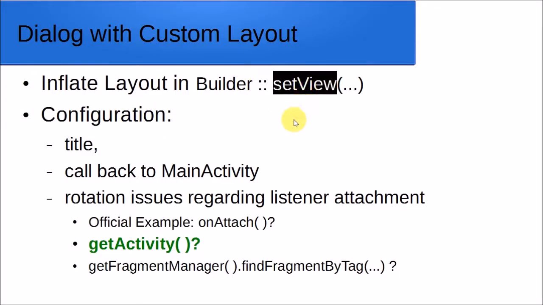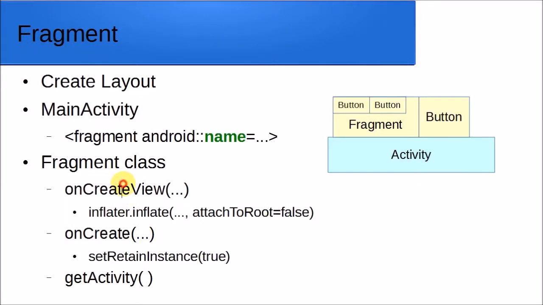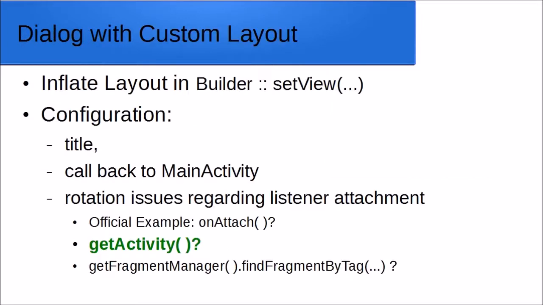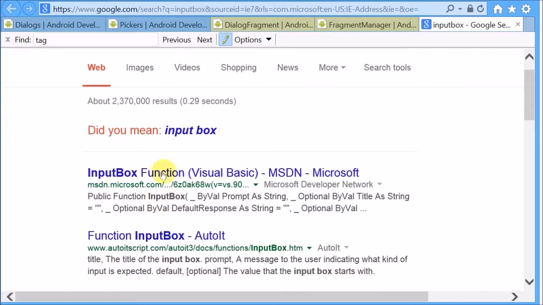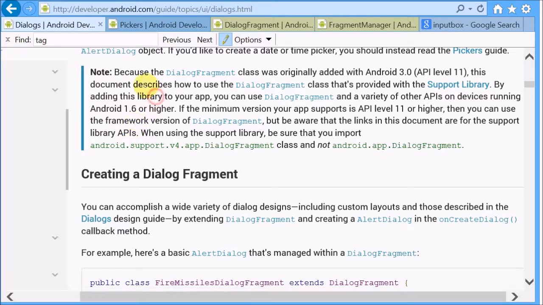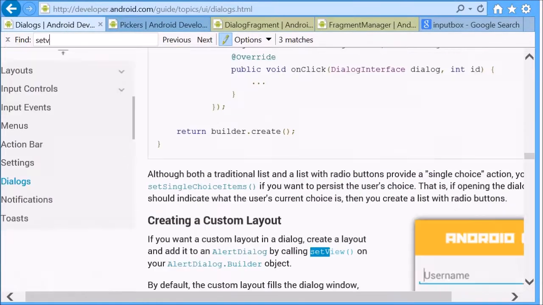Inflate the layout in set view. Now I've seen people use the other one, right? So what you do in the fragment is the onCreateView. So very similar. So set view. Yeah, so that's okay.